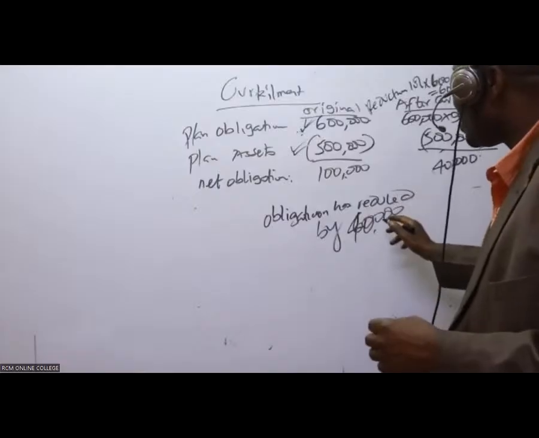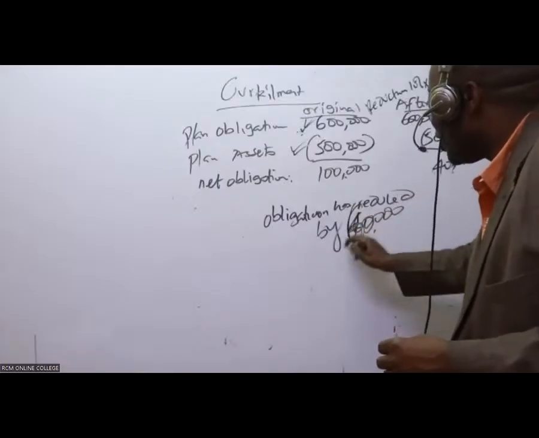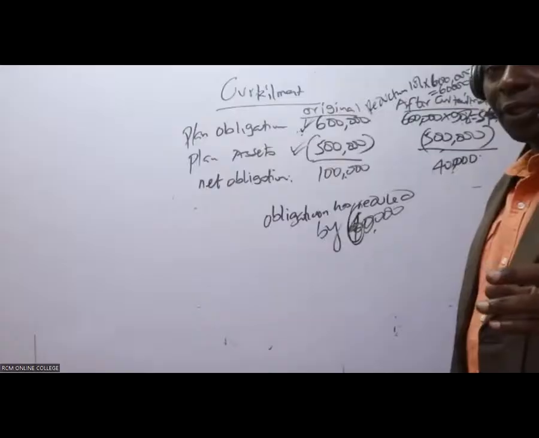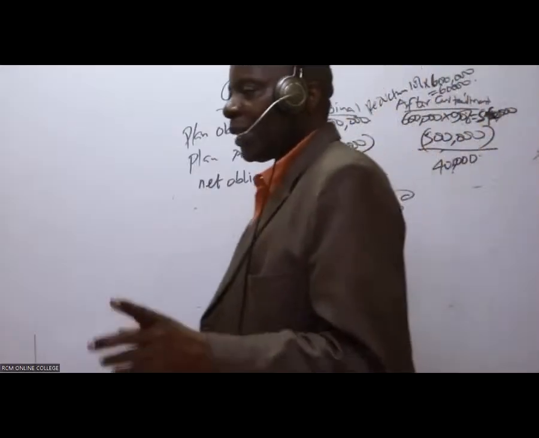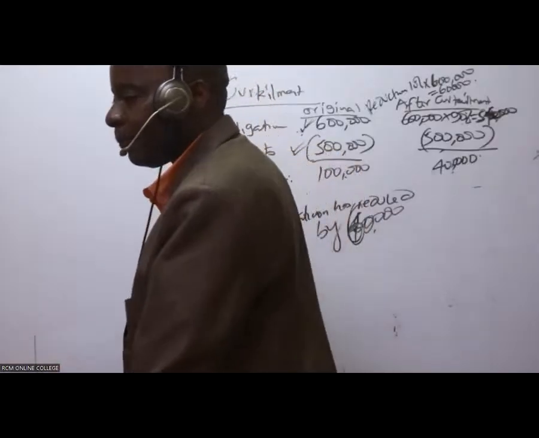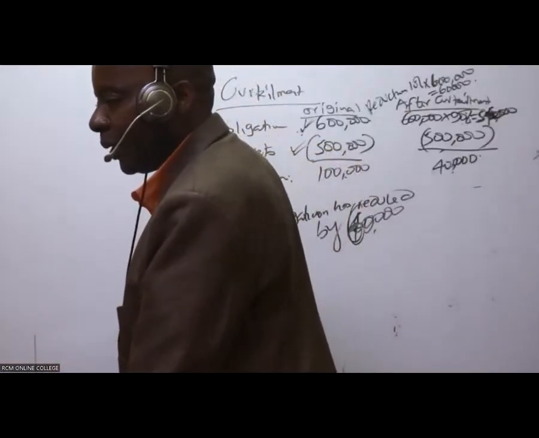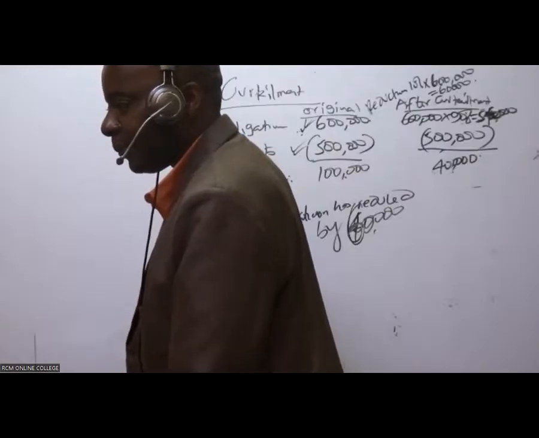So the obligation has reduced by 60,000. Is that okay? The obligation has reduced by 60,000.